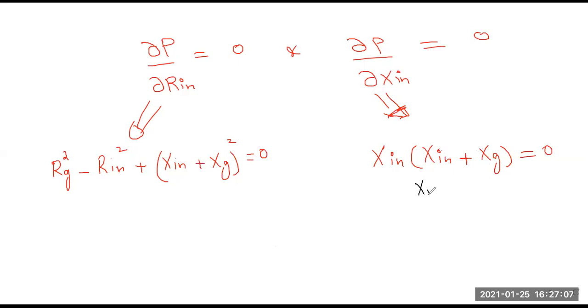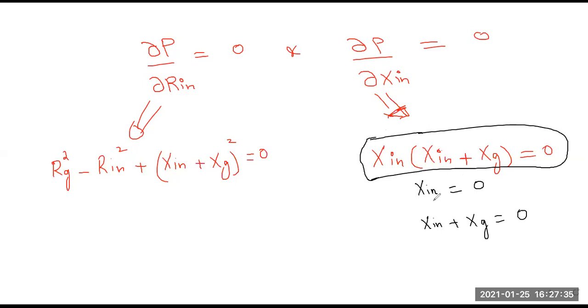Either this condition is true if Xn is equal to 0, so the left hand side will become 0. Or the other possibility is that Xn plus Xg is equal to 0.